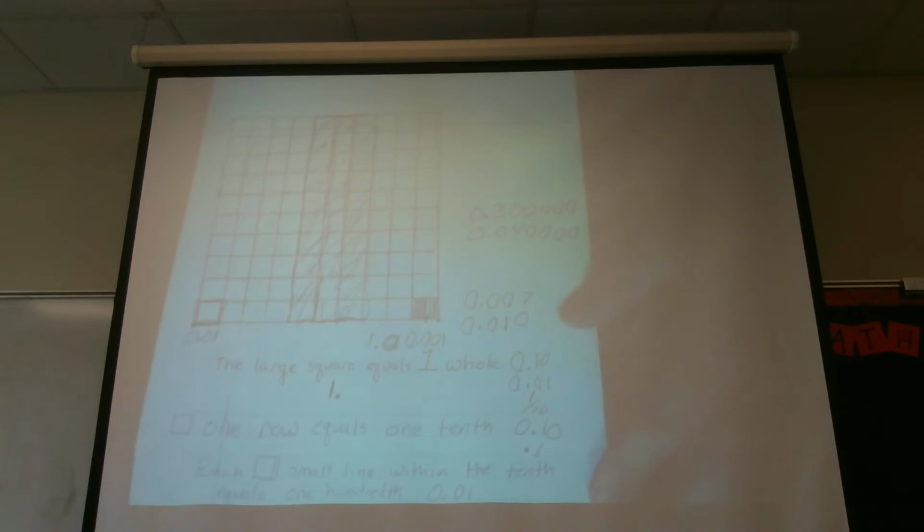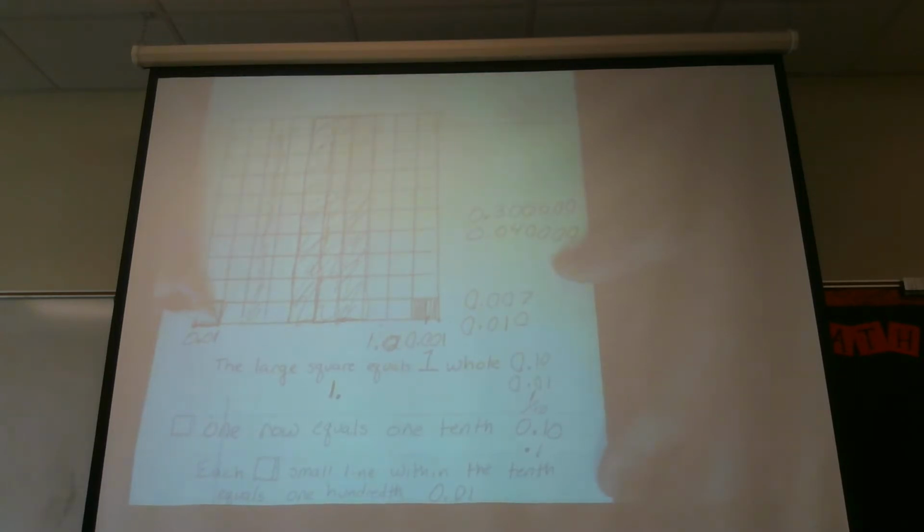If you had 148 of these whole squares, you'd have 148. One row, so this entire row, is 1/10. So I have one row equals 1/10. And that's how that's written, either as a fraction, 1/10, or as a decimal, 0.1.